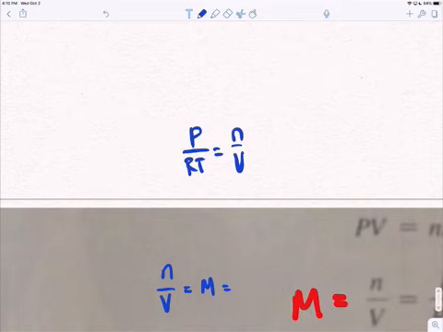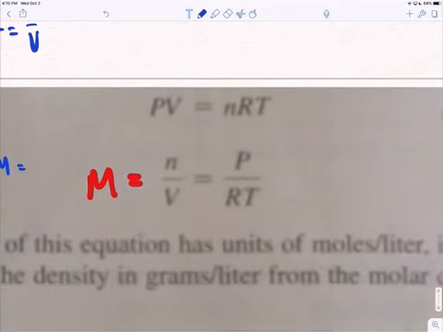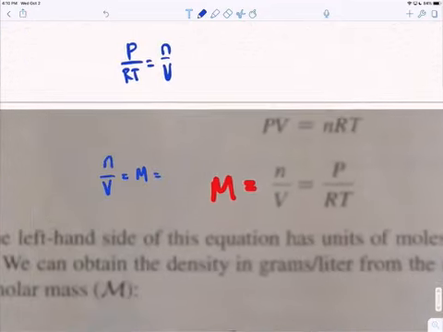So P over RT is number of moles over volume, which is what it says right there.